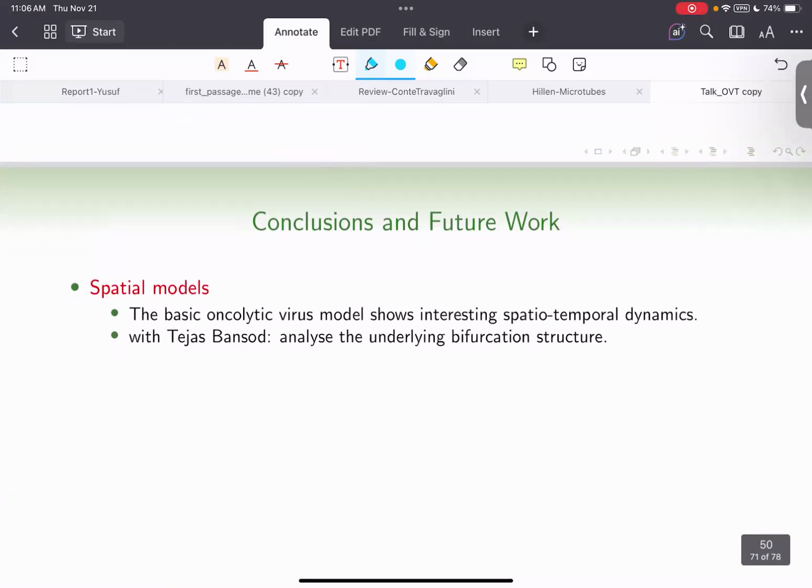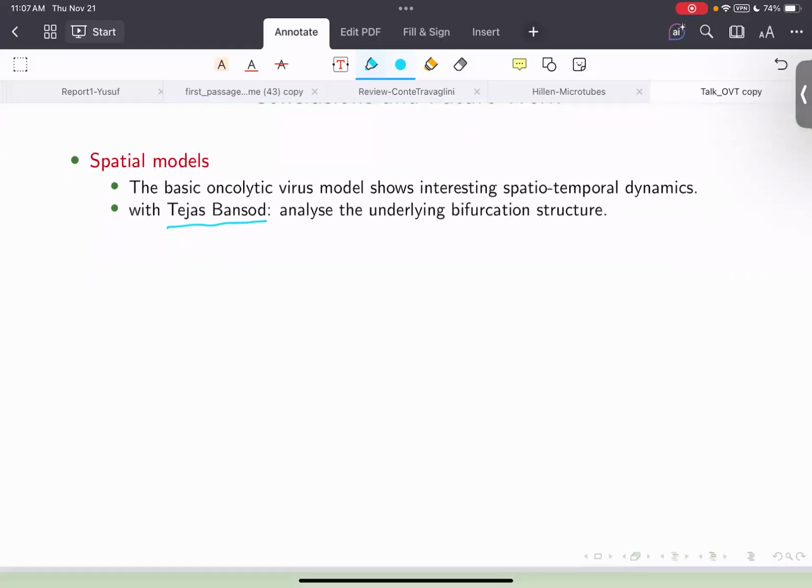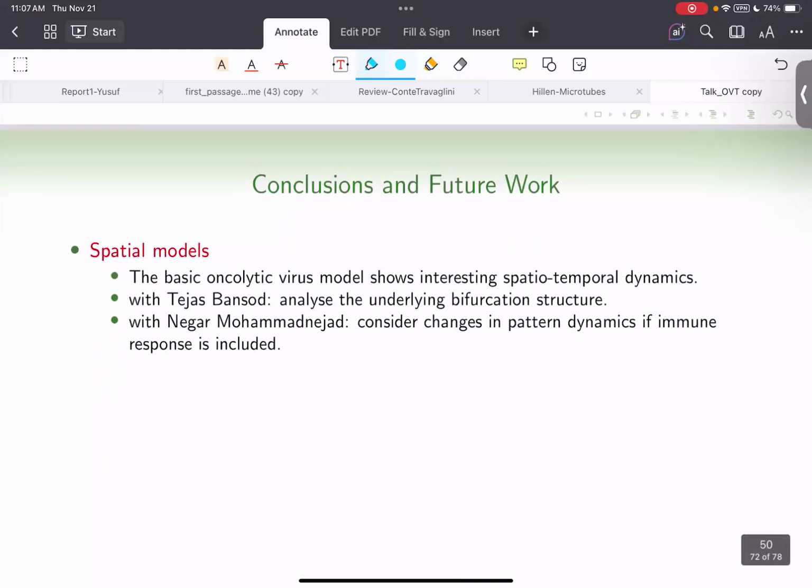It's fun. And now I have a master student, Tejas Bansort, who is looking at the underlying bifurcations. I talked to you about the peak splitting, which happens there, so there must be a bifurcation there. There are also spiral waves, so we can look at spiral wave bifurcations, etc. So he's looking into this.